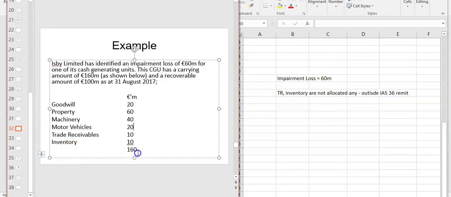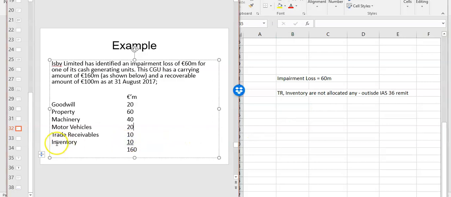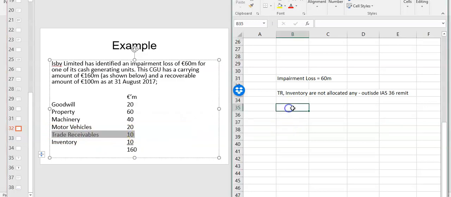They are included in calculating the impairment loss, but they're not given an allocation of it because they're dealt with in IAS 2, lower of cost and net realizable value, and IFRS 9, dealing with the expected credit loss, which we'll deal with next year.